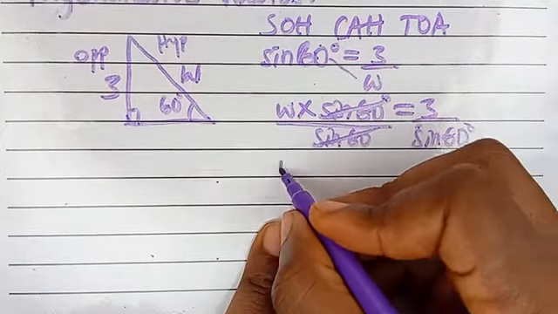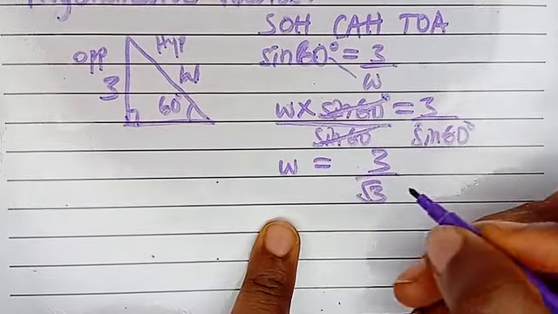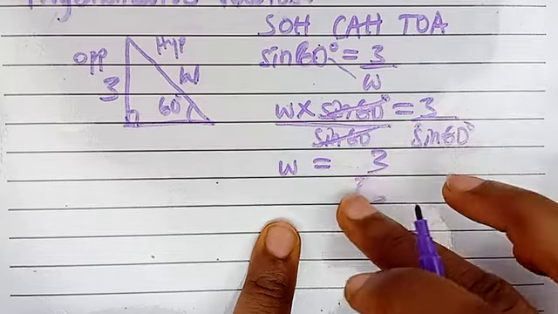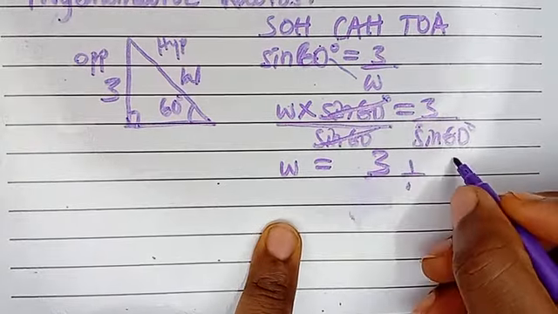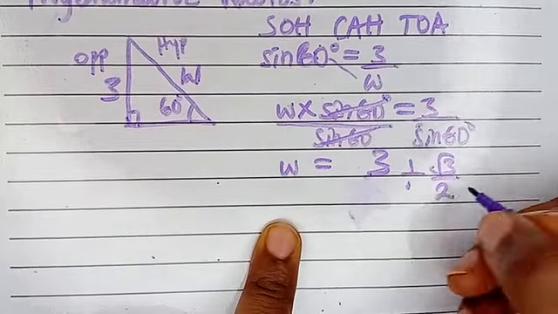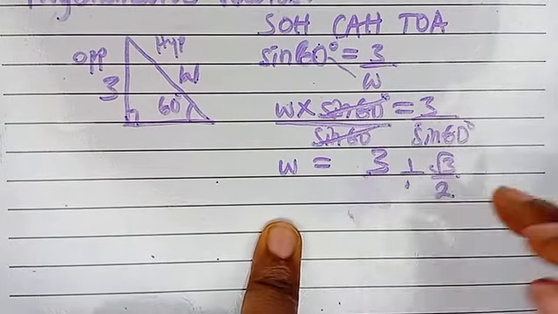We have that W is equal to 3 divided by root 3 over 2. So we can change this to multiplication.